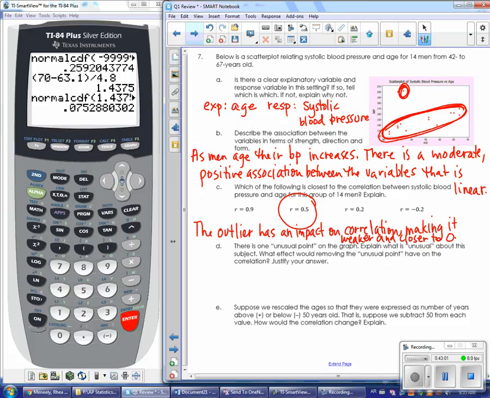In letter D, it says there's one unusual point on the graph. I've circled it. Explain what is unusual about this subject and what effect would removing the unusual point have on the correlation. Justify your answer. So here is a young man. So the outlier refers to a younger man with a very, very unusually high blood pressure.